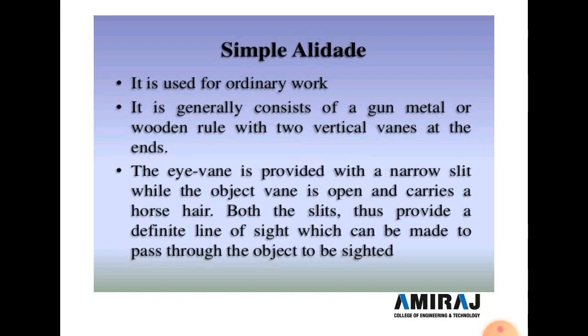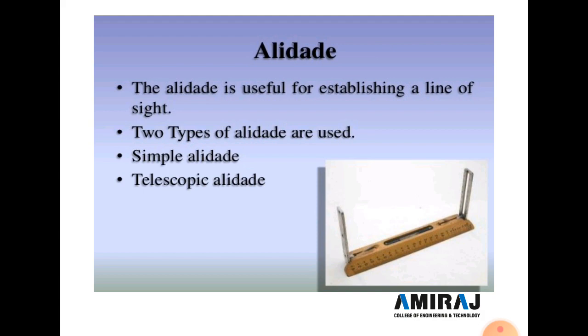Here the two types of alidade are the simple alidade and the telescopic alidade. The simple one is used for ordinary work, like the simple alidade we have in our college. In general it consists of a gun metal or wooden rule with two vertical vanes. See this figure, with numbers marked like a scale.